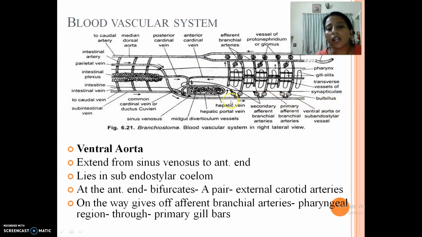Okay. So the ventral aorta goes anteriorly, and at the anterior end, it divides into two external carotid arteries.